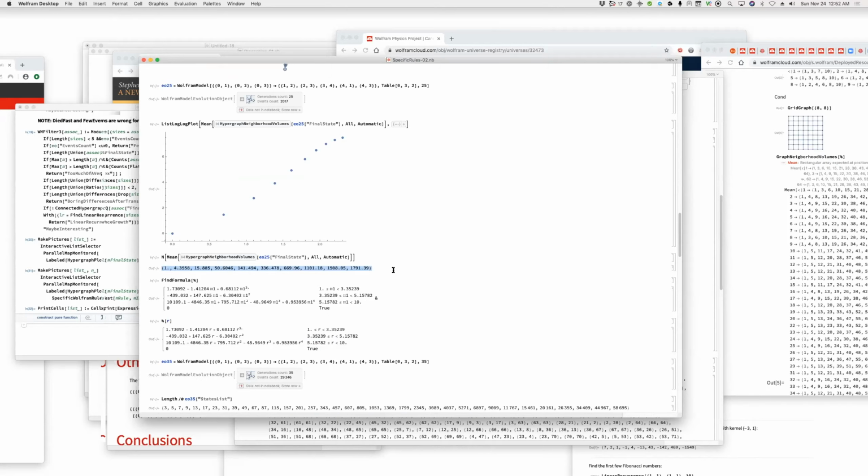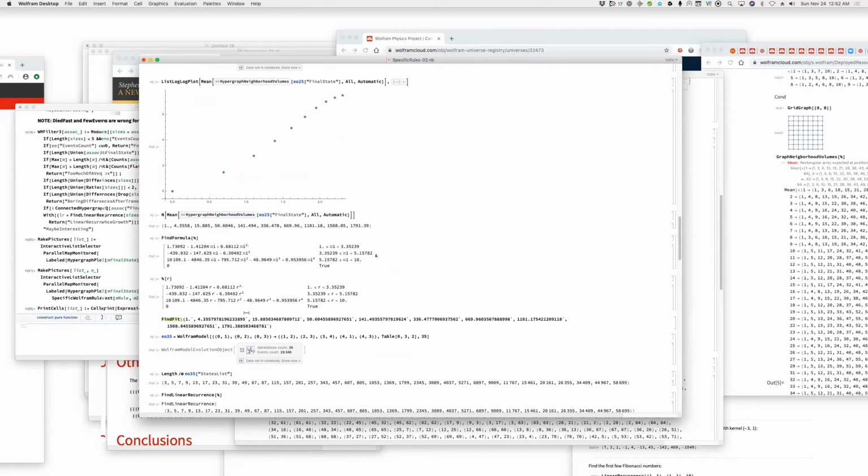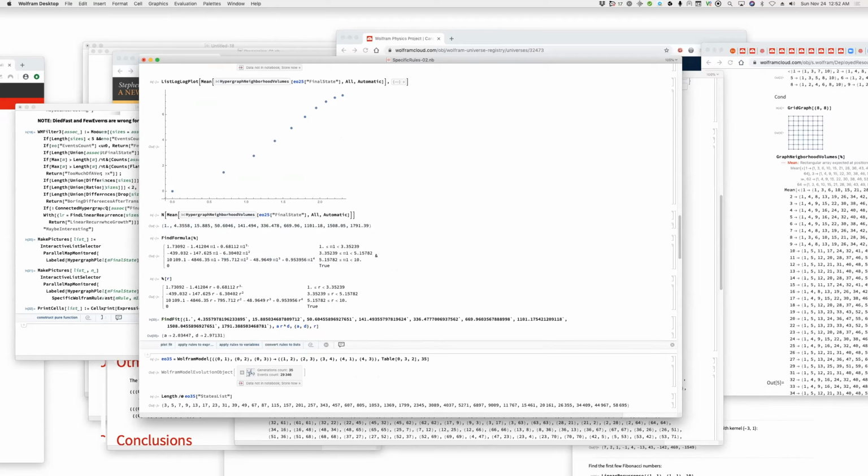But let's just do this. 2.97. Yeah, that's not too bad. I don't think we're going to get better than that after 25 steps. Well, who knows?